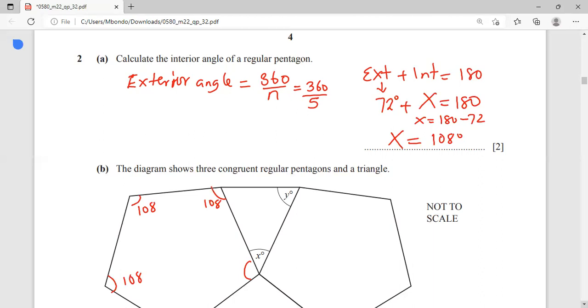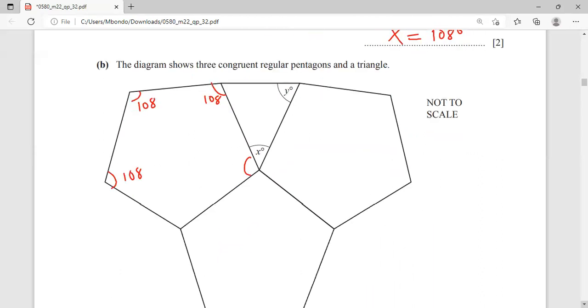All these angles are 108, because all these are pentagons. Even this one here is 108. Even this angle here is 108. It goes on like all of them, all these angles, 108, all of them. Okay, take note of that.